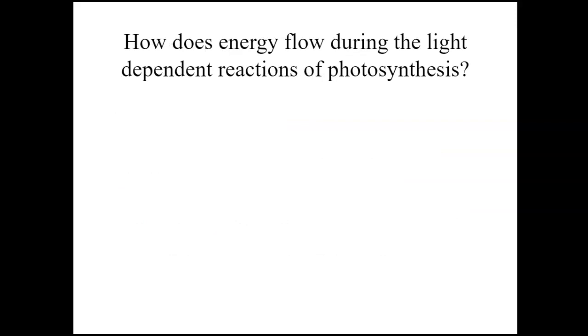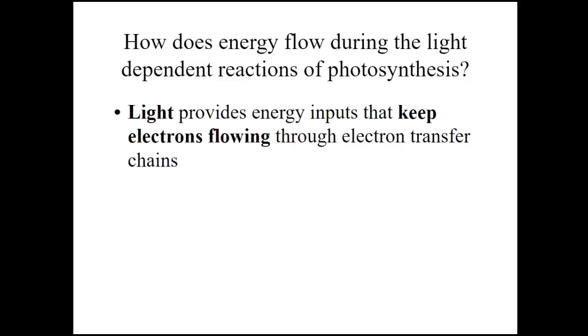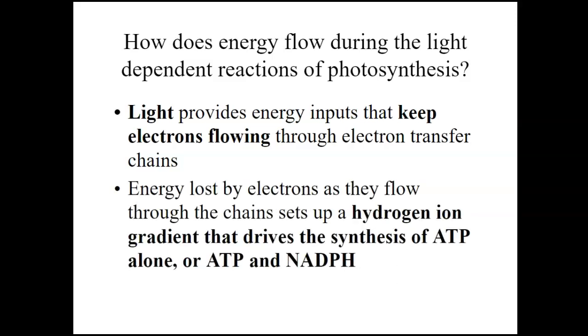Okay, so how does energy flow during the light-dependent reactions of photosynthesis? As long as you have light flowing, you have excitable electrons flowing through electron transport chains. As they do that, there's a buildup of hydrogen ions, a hydrogen ion gradient, in the lumen of the thylakoid membrane.